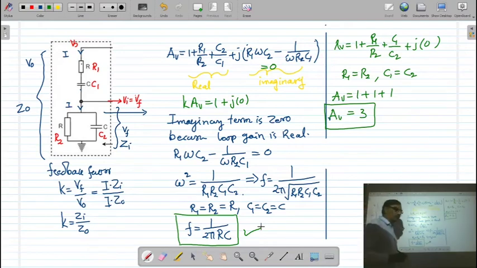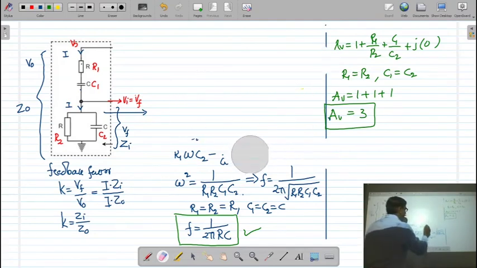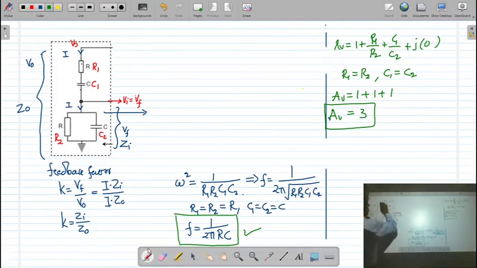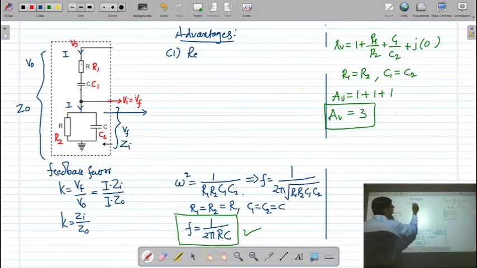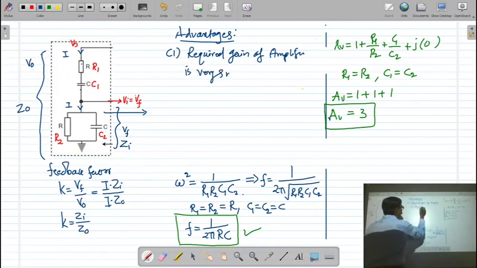Correct? Now what is the advantage of this oscillator circuit? Here it has a number of advantages. First of all, the required gain of the amplifier is very small, and that is AV equal to 3.